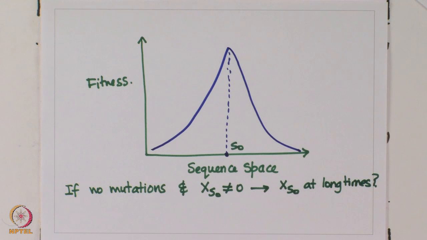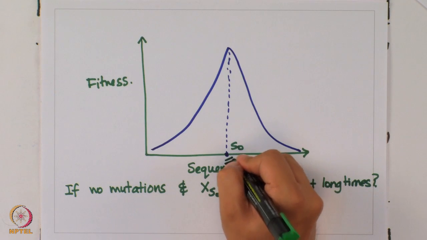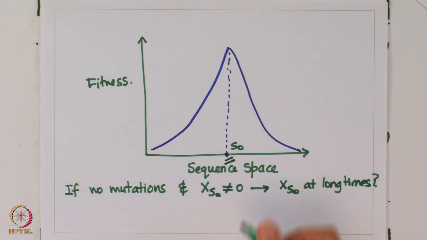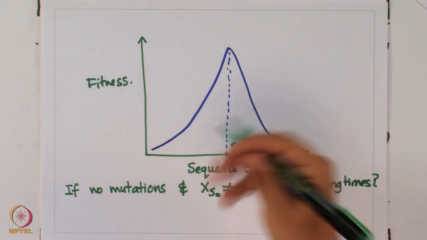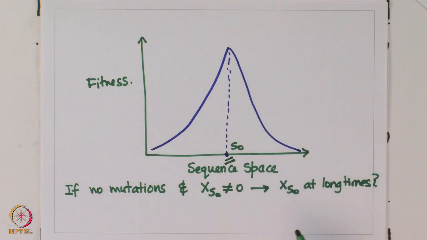Just pause the video, think about this for 15 seconds and see if you can come up with an answer for that. Alright, so because we are saying no mutations, x of S naught is not equal to 0. The purpose of doing this is to make sure that the initial number of individuals which belong to this particular genotype, which corresponds to maximum fitness on my landscape, is not equal to 0.